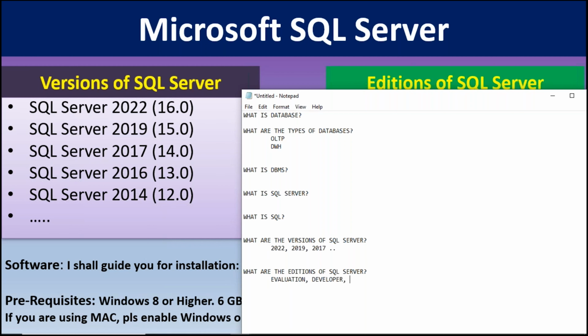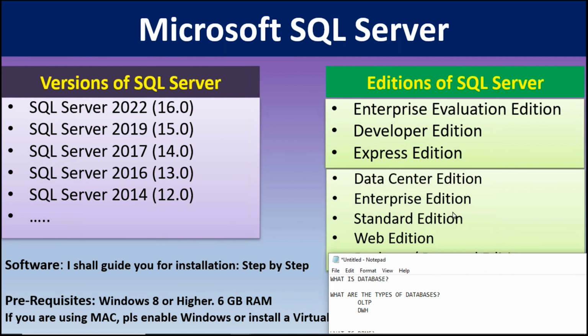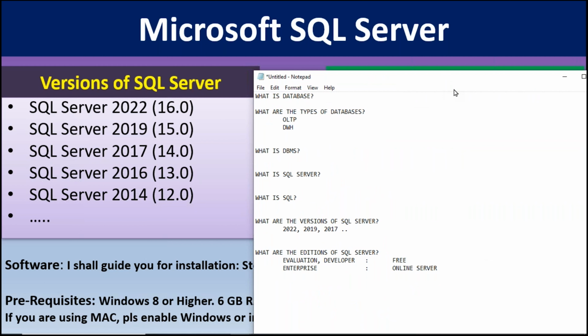Evaluation, developer, these two are free. And enterprise. This will be our online server, part of our course. Next, we also have something called data center, standard, etc. A detailed document will be sent with all this content anyway.